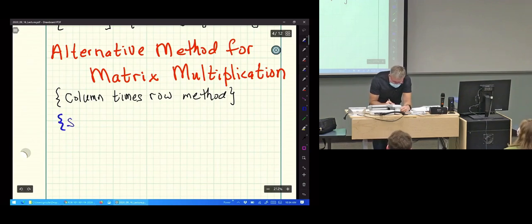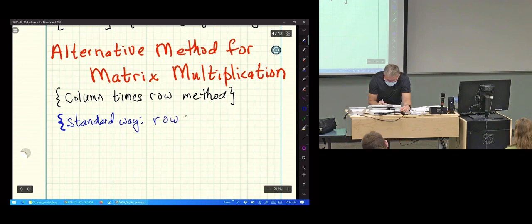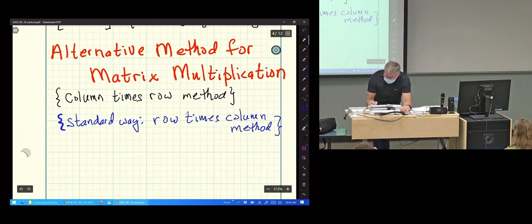And in the standard way, that's row times column method. Okay, cool.